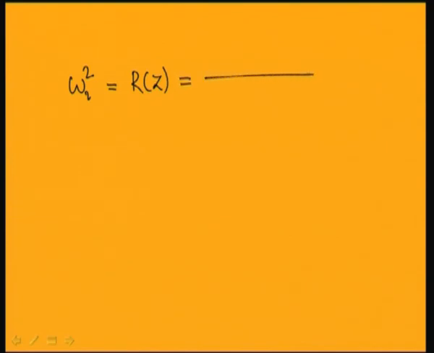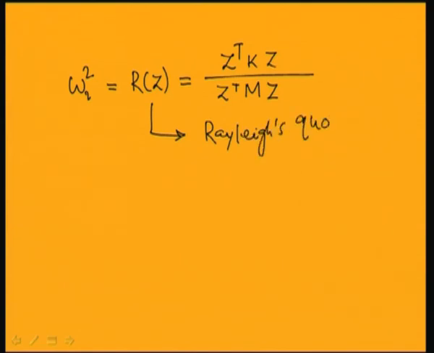So, I can write this as R of z, equal to z transpose k z divided by z transpose m z. This R of z is known as the Rayleigh quotient of the system.